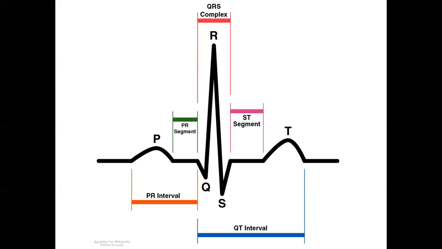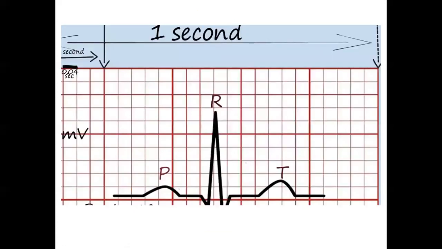It is normal. You have to know what is normal to understand what is abnormal. Okay, so right now in this picture, positive deflection P, and this is a complex we call the QRS complex.